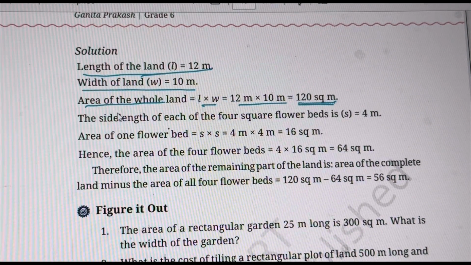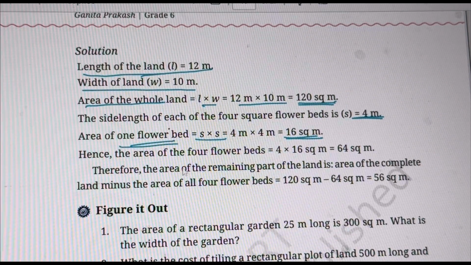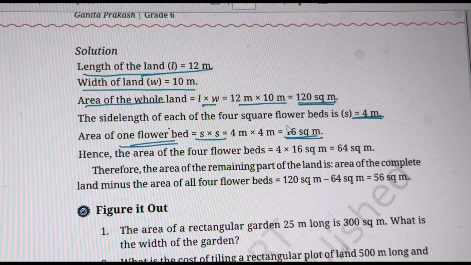Now we come to the square flower bed. The length is 4 meter. So first we find out the area of 1 flower bed. Side into side, that means 4 into 4, that is 16 square meter, right? But there were 4 flower beds. So we have found out only of 1.